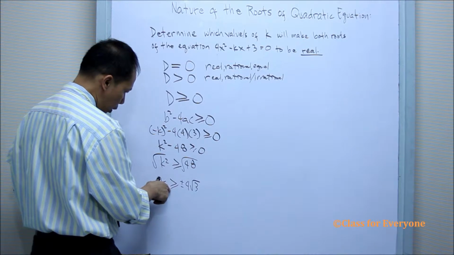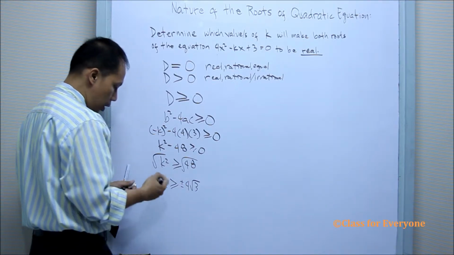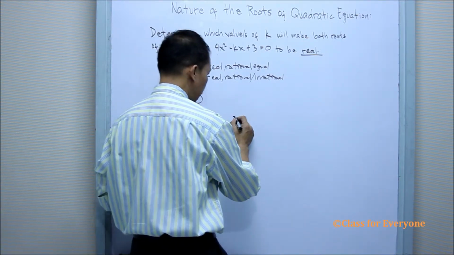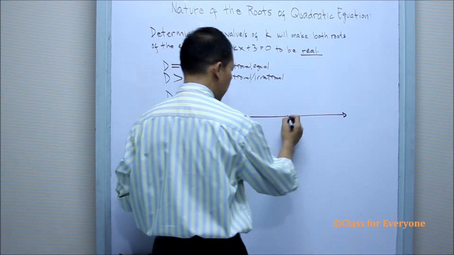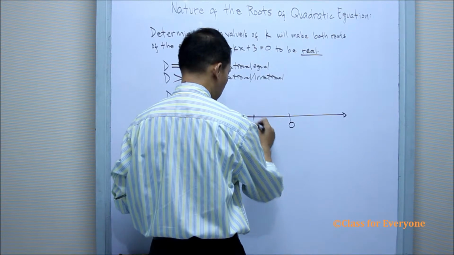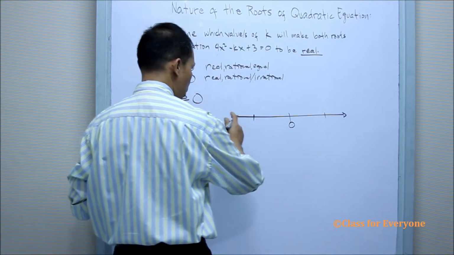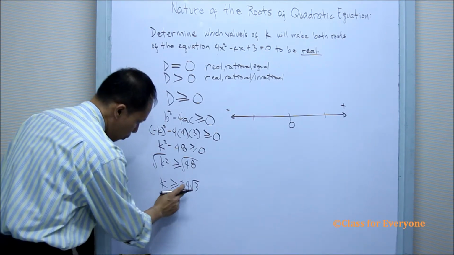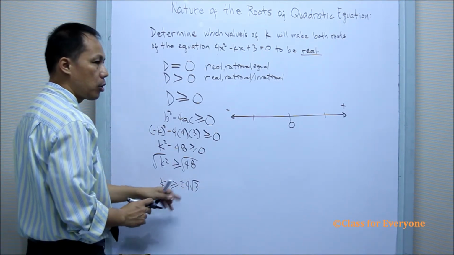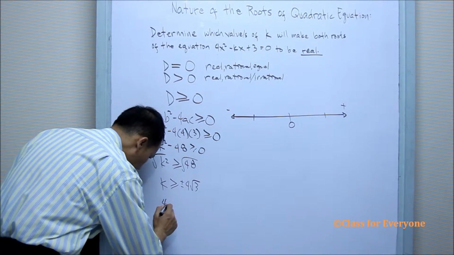Is it really greater than or equal to positive negative 4 times square root of 3? Because if we are going to rewrite it into a number line, this is 0. Now, this is positive, this is negative, and this is positive.